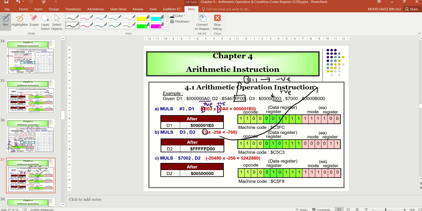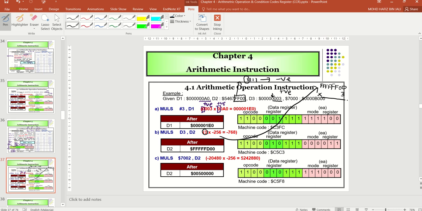F shows the negative number, so the upper word size of this content needs to be replaced by F, F, F, F, F, F00. D3 is no problem because the MSB is 0, so it remains 3.